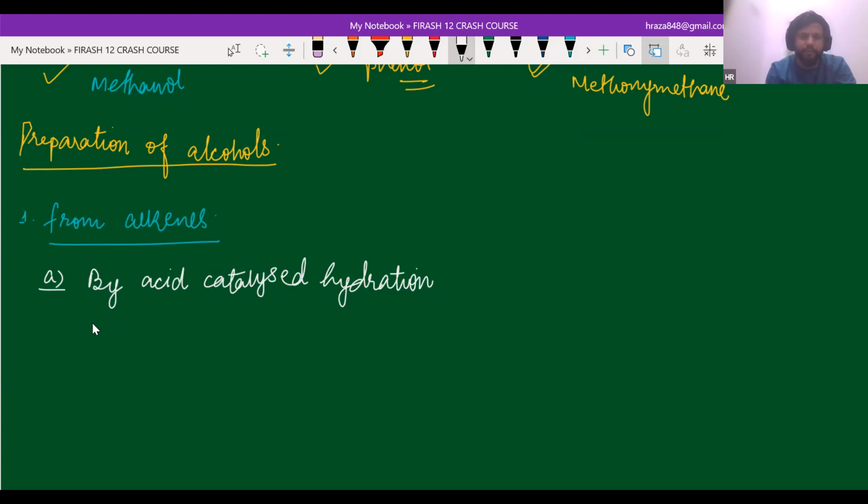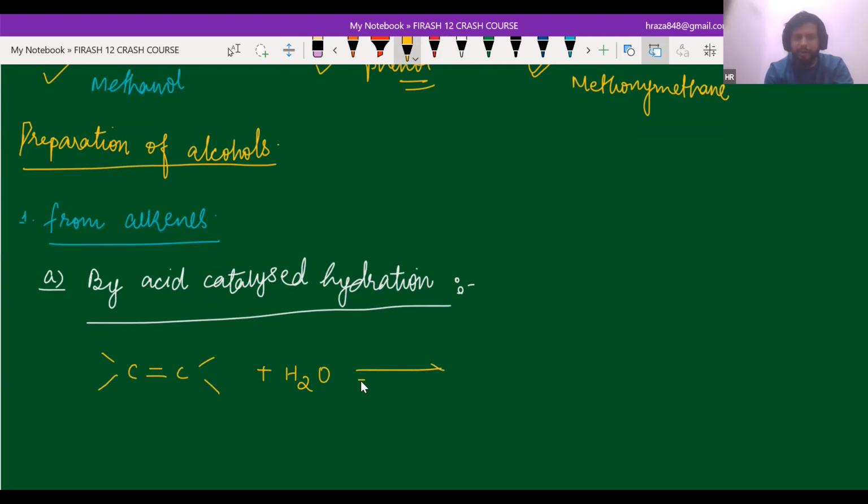By the name you can see we are going to do hydration in the presence of acid in alkenes, and we will get alcohol. So as you can see, you have an alkene like this. What you need to do is just hydrate it. Hydration will take place, addition of water in the presence of acid, H plus.